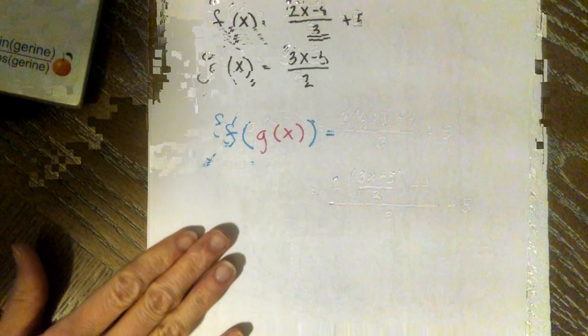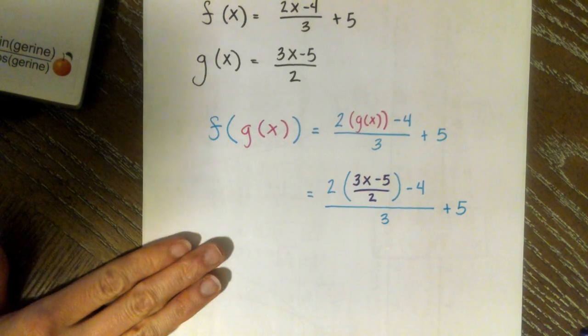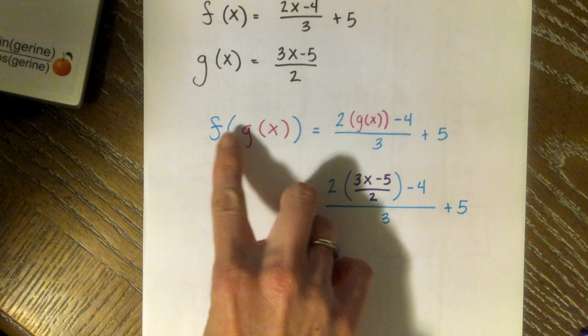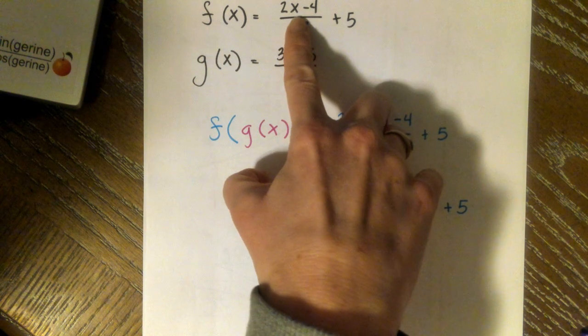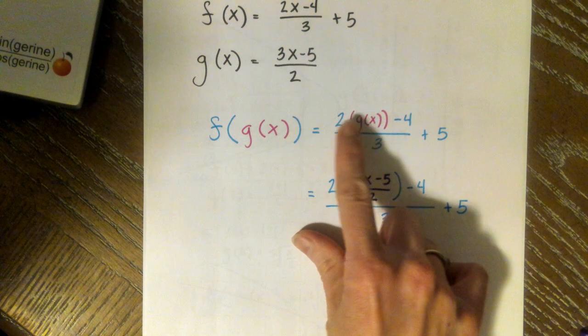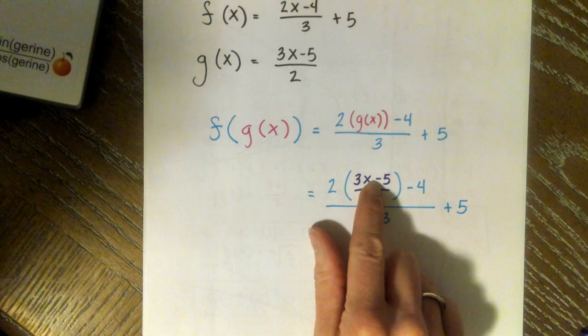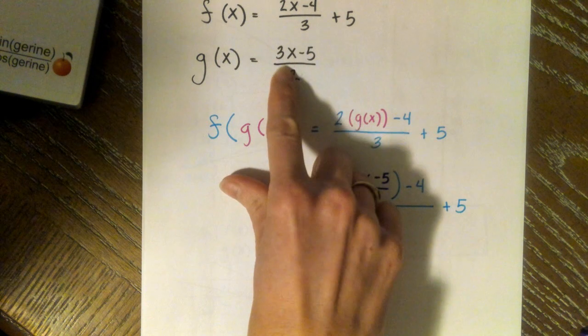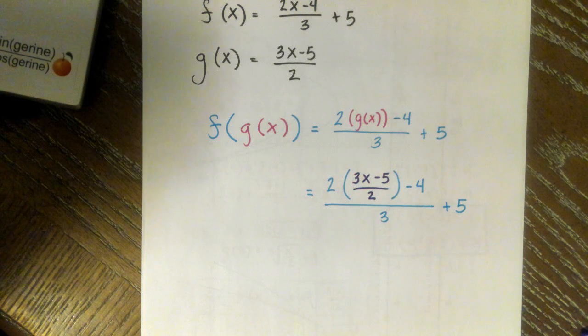Alright, so this is what you should have had at this time. So I put in my f function, which is up here, instead of the x, I put g of x. So that's all I did. And then my next step, I put this g of x into here. Okay?